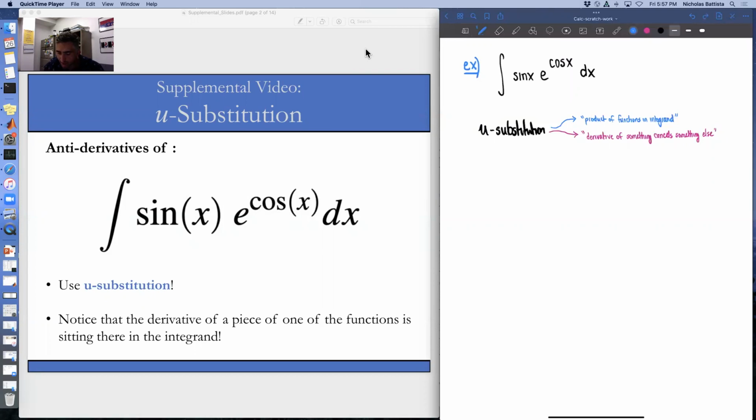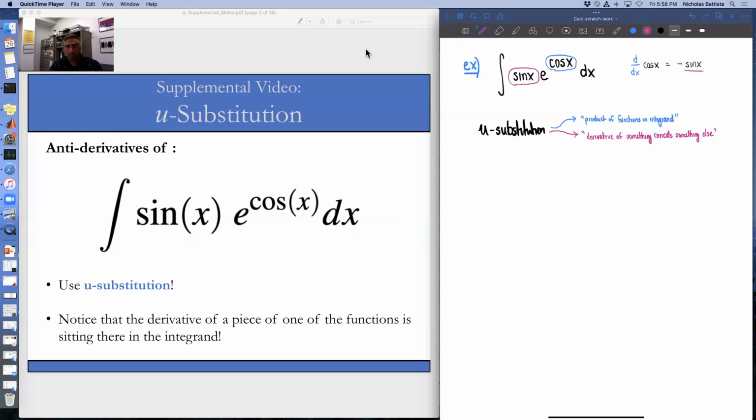In these types of problems, we try to identify what piece looks like the derivative of the other, or whose derivative is also sitting there in the integrand. If we take a look at this cosine, we know that the derivative of cosine of x is equal to minus sine of x. What's useful for us in this relation is that we see a sine of x sitting there in front.